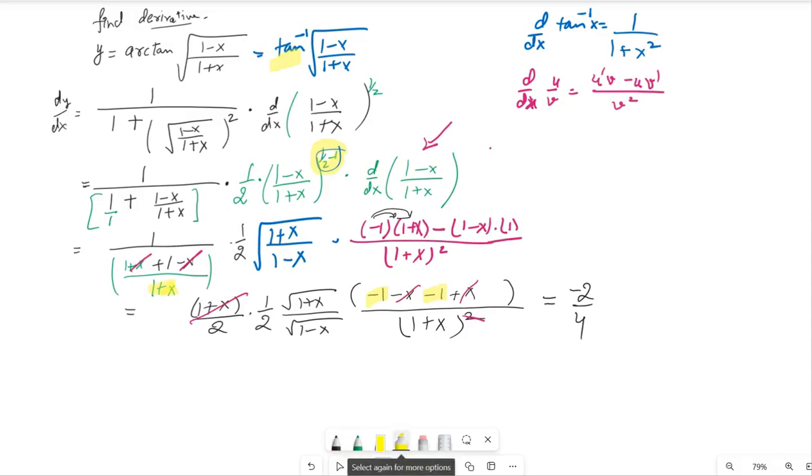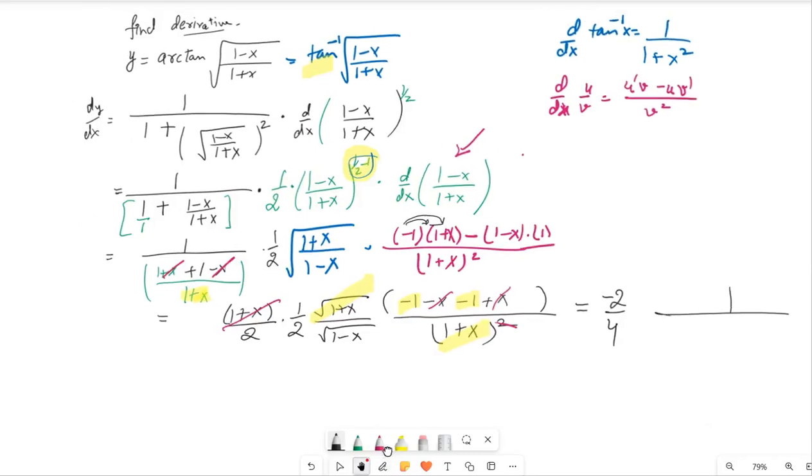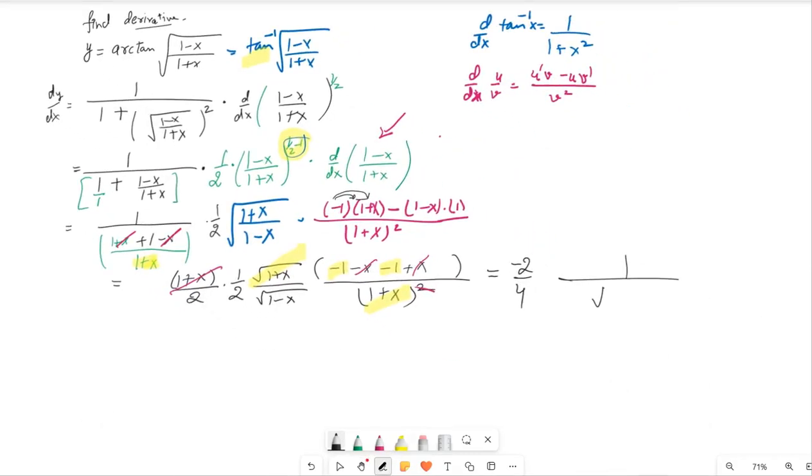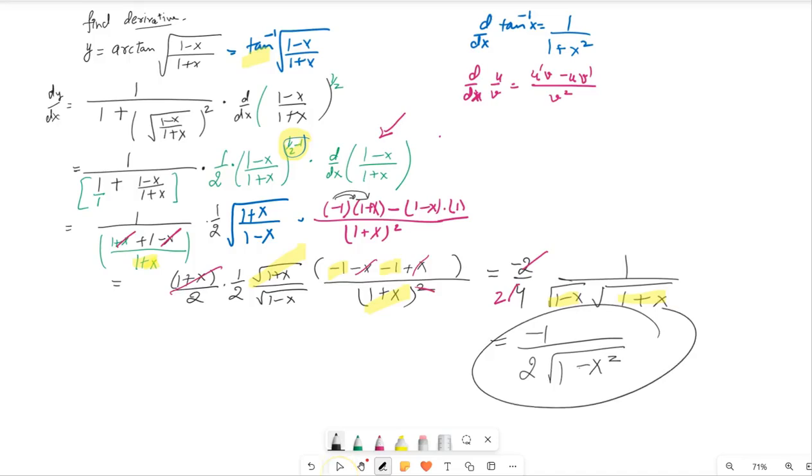This here is a square root and this is just 1 power, so this will be cancelled. Only one power of square root of 1 plus x is left, and square root of 1 minus x is already there. So this is all I have. This will cancel 2. We will have negative 1 by 2, and a minus b times a plus b can be written as square root of 1 minus x squared. That should be your answer.